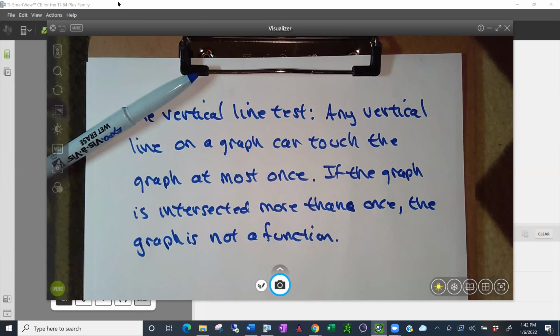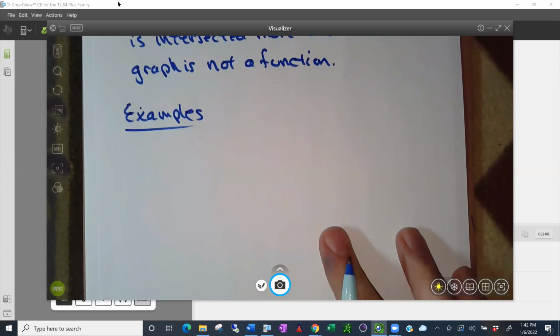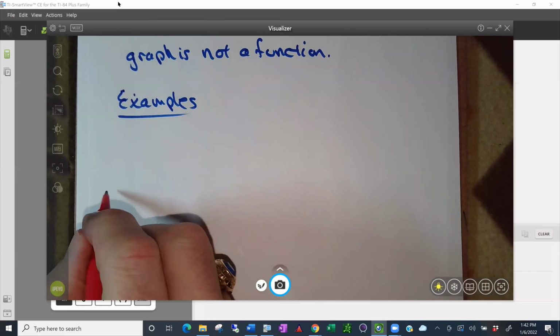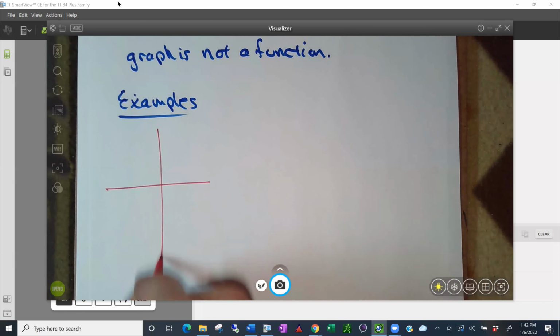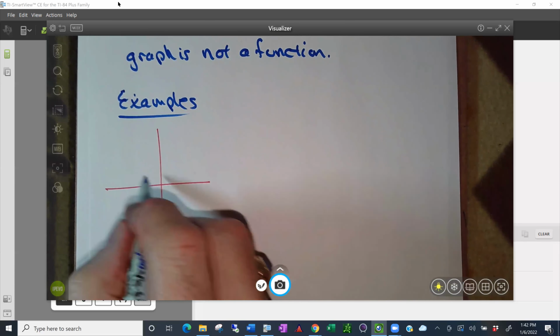All right, so let's do a couple examples of that. Let's take a look at these examples. The first one I'm going to graph is going to be a parabola. It's going to be a parabola in y squared, meaning that it's going to open left or right as opposed to up and down.